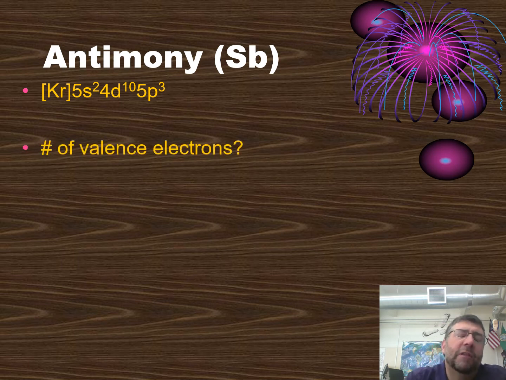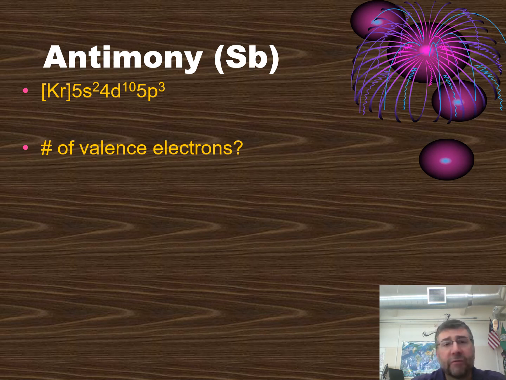All right, how many valence electrons does it have? Now I told you that the valence electrons are only the electrons in the outermost shell. The key with the d, and whether we're going to count the d electrons as valence electrons, is: is the d full or not? If the d does not have 10 in it, if it's any number less than 10, then we say that those are valence electrons available for chemical bonding.